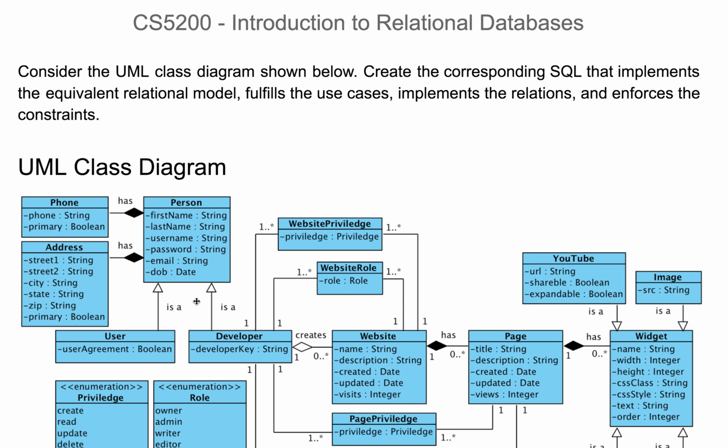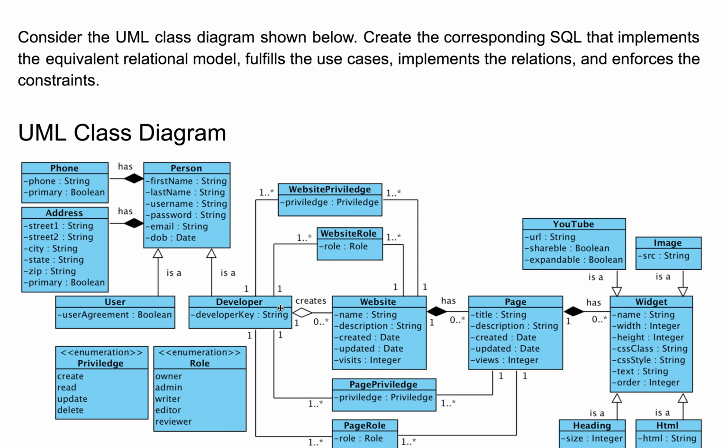And down below here, we see that developer has an aggregate relationship with websites. That means if we remove the developer, we don't necessarily remove the website. We keep it around. We also have multiple relationships between the developer and the website, or developer and a page.